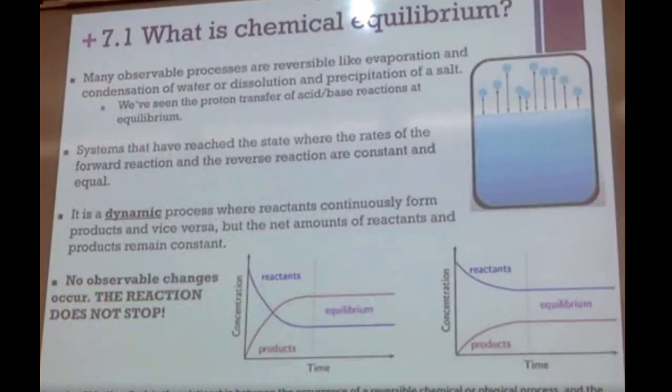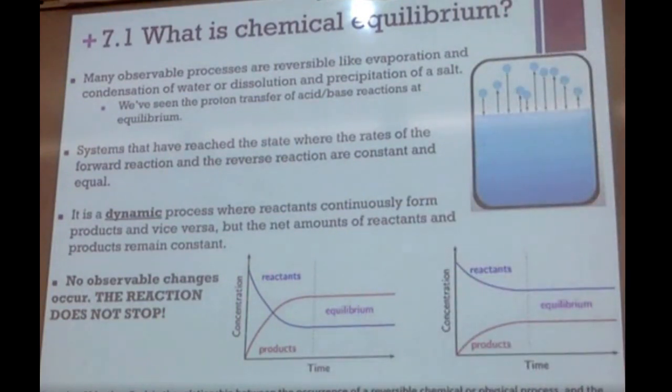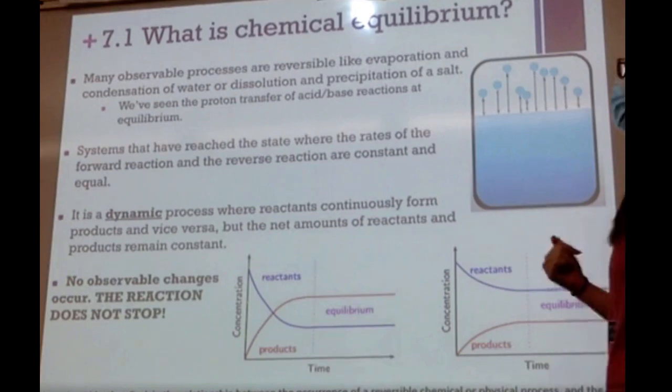So as we go through and look at different topics of equilibrium, topic 1 is just an intro to equilibrium. As we think about equilibrium, a lot of processes that we observe are reversible. Evaporation and condensation, so phase changes, are reversible. Dissolution and precipitation of a salt.